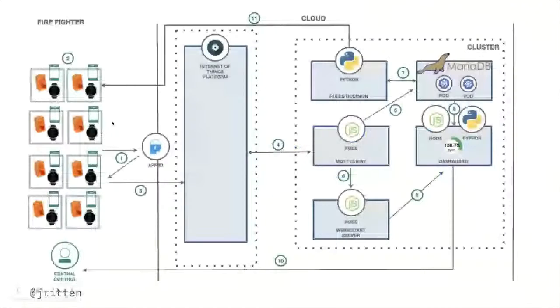Here are the devices, and it's using IBM products and services: App ID, Internet of Things platform, Python, MariaDB pods, Node client, and a Node and Python dashboard. We have a Node WebSocket server here, all on IBM Cloud, all within our Kubernetes cluster.